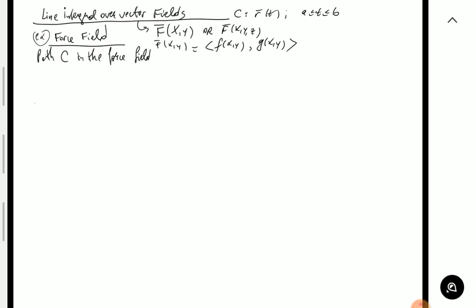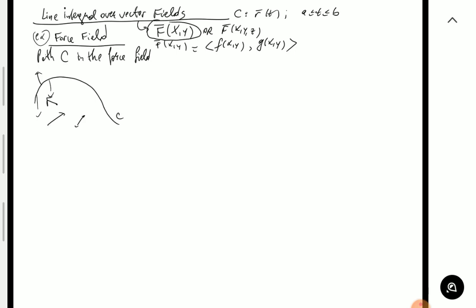Imagine that at all points you have these forces acting on those points, wherever you are in this field.